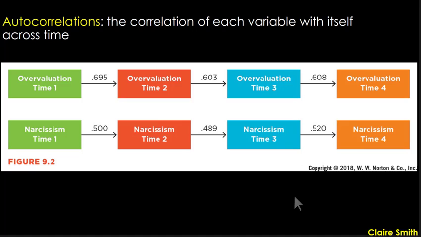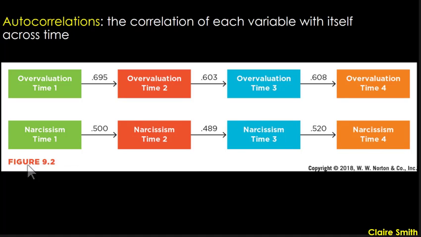Autocorrelations, the next type, again, longitudinal study looking at the same thing. Autocorrelation is looking at the correlation of each variable with itself across the length of the study. So here you're looking at the narcissism at time 1 compared to time 2 compared to time 3, and so on. So just looking at a single variable across time, is it changing dramatically?